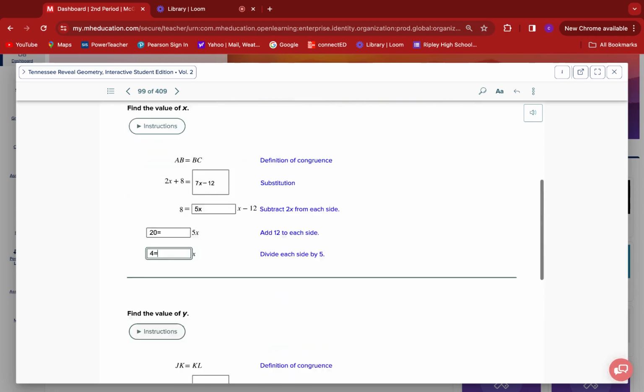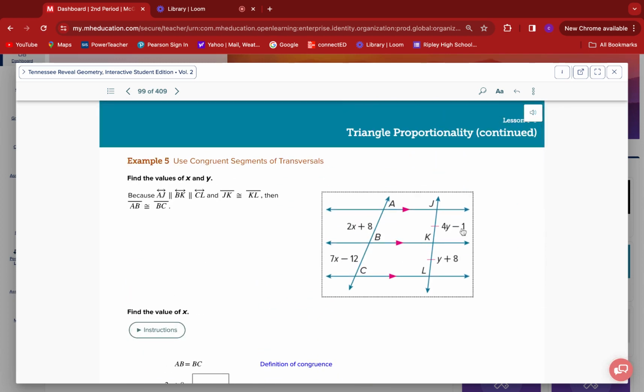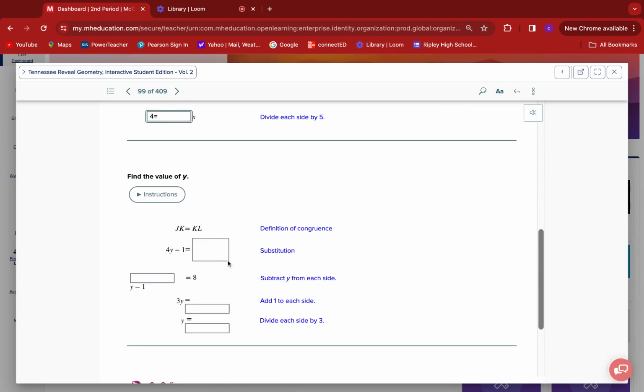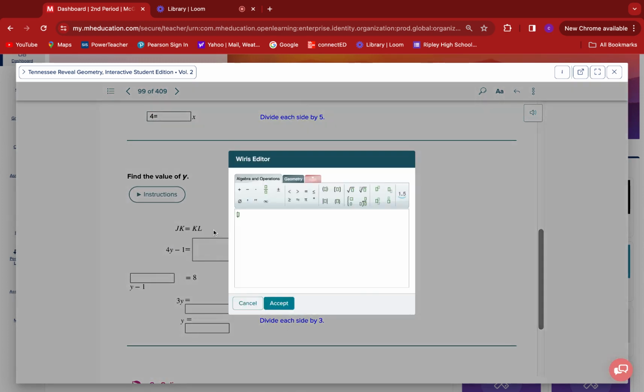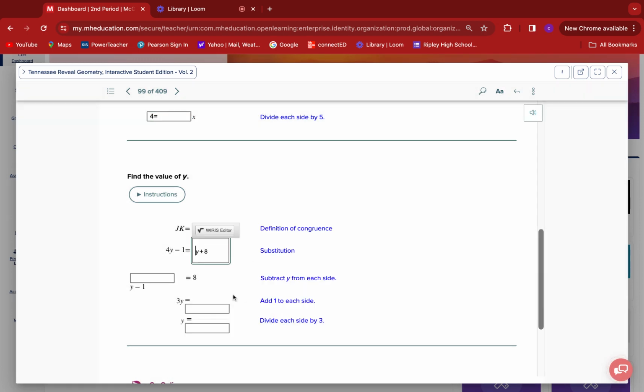All right, same thing for our y over here. They're going to put 4y minus 1 equal to y plus 8. And looks like we're going to subtract y to the other side. So 4y minus y is 3y.